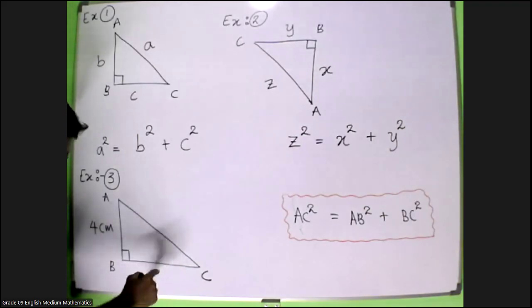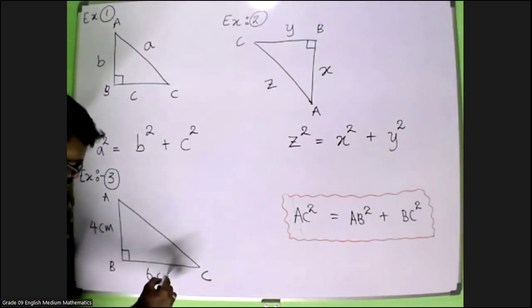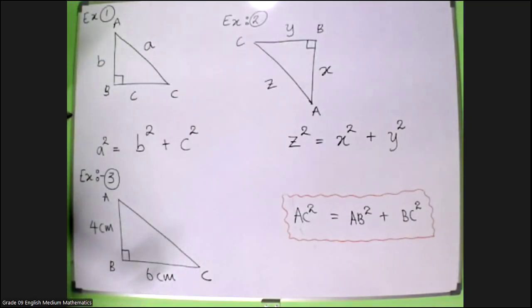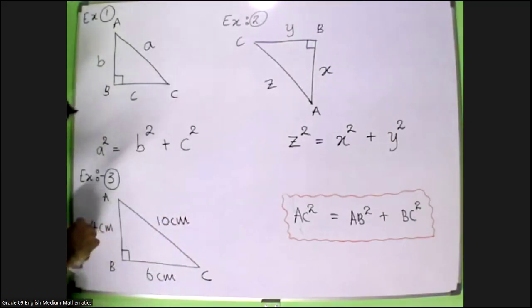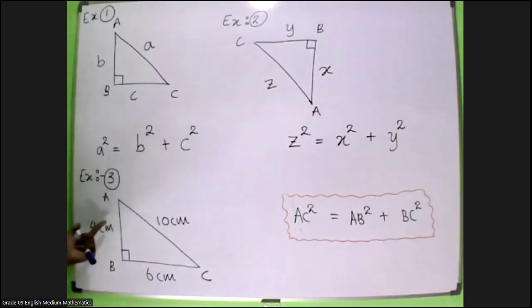This side is 6 centimeters. And this side is 10 centimeters. Now I am going to apply the Pythagorean relation for this example number 3.